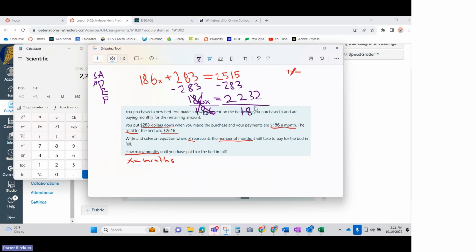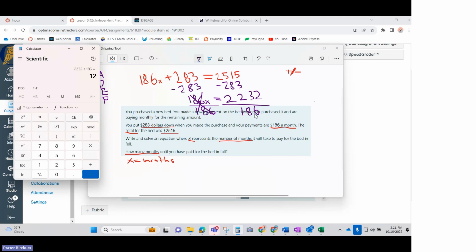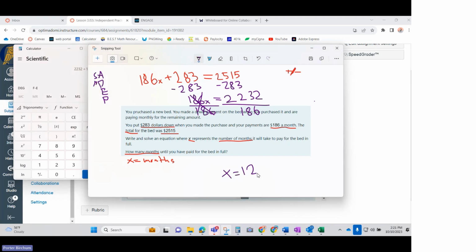What I do to one side of the equal sign, I do to the other. 2,232 divided by 186 equals 12. X equals 12.